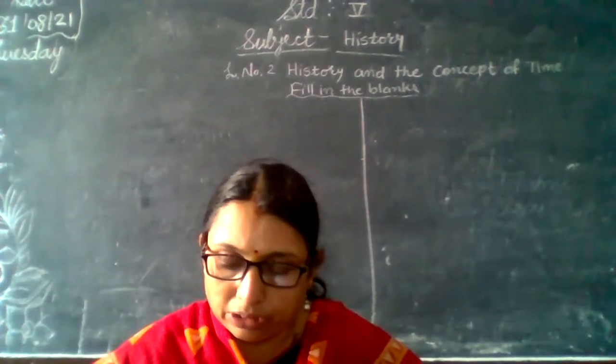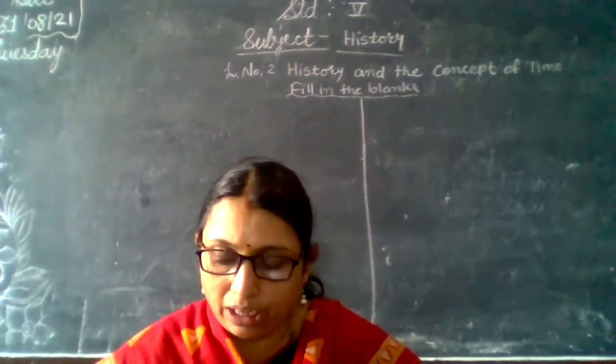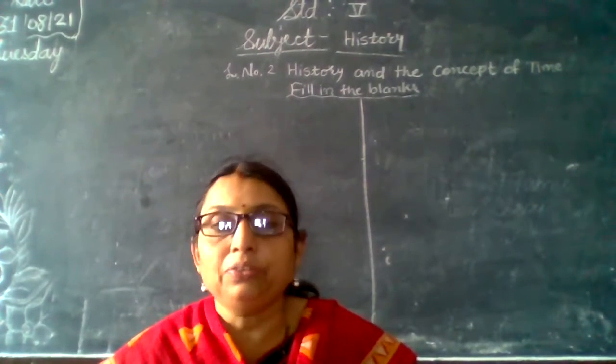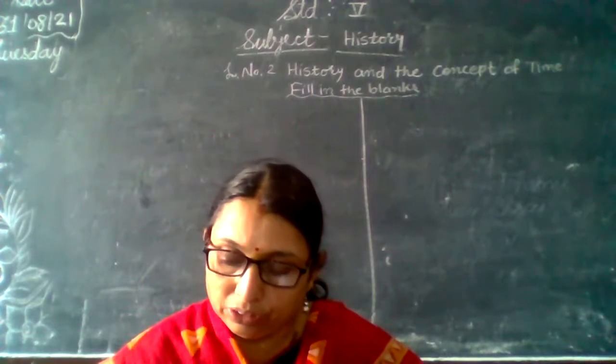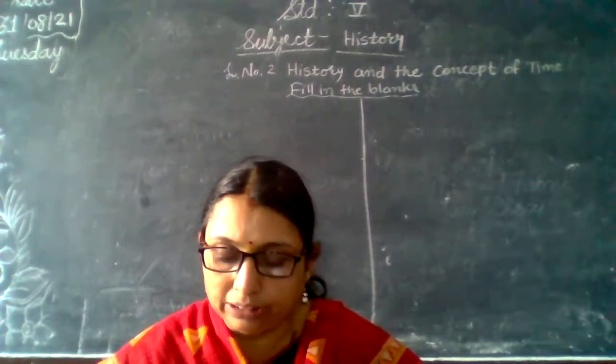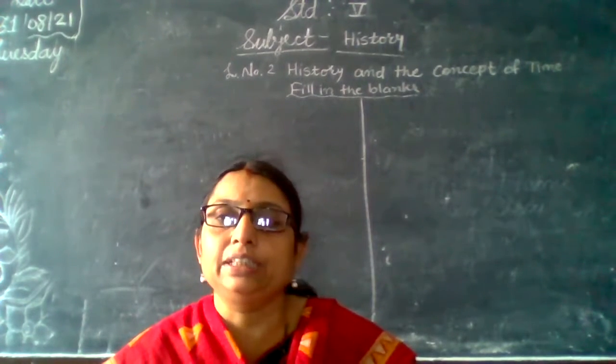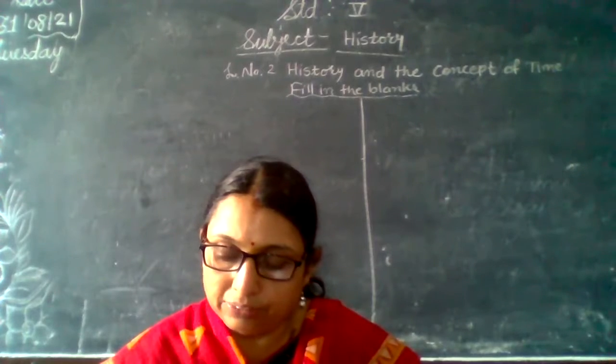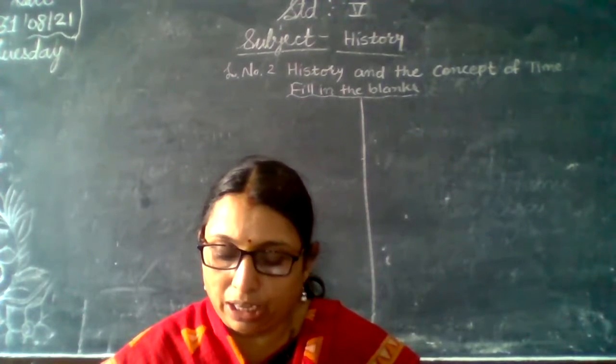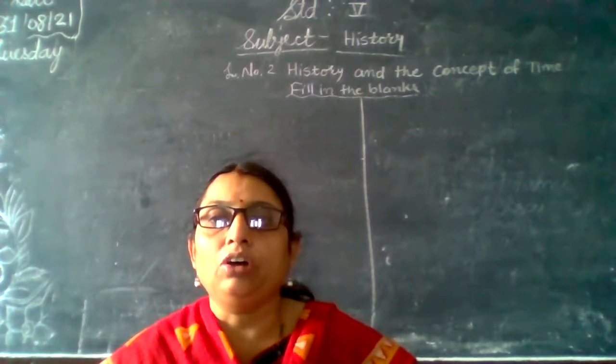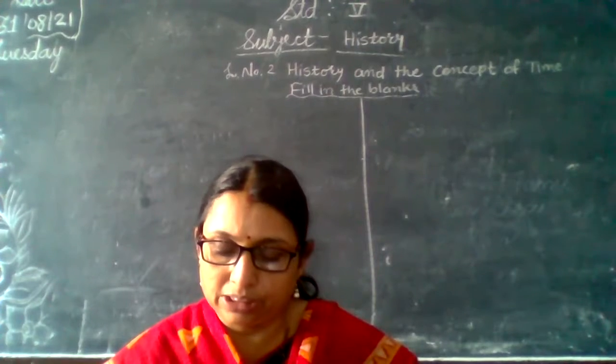This method of dividing time is known as unilinear division of time. In unilinear division, the years are arranged in a serial order. This division of time is known as Common Era or Christian Era, CE.